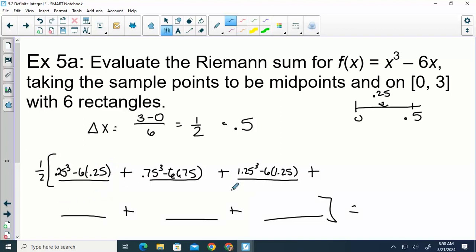Next one, if you add 0.5, that's 1.75. Next one, 2.25. Last one, if we add 0.5, 2.75. So now we add it.